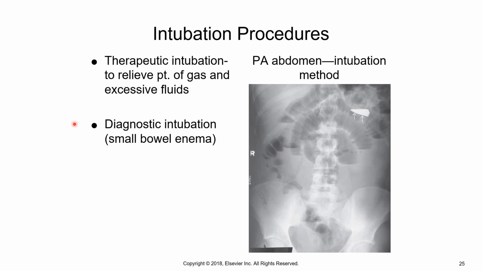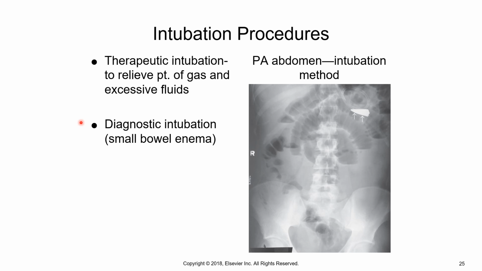The diagnostic intubation, however, is typically called a small bowel enema, and they place that catheter in the patient's nose, down the pharynx, through the esophagus, through the stomach, into the jejunum. Then typically they use water-soluble iodinated contrast, inject it through that tube, and take radiographs at timed intervals, similar to a small bowel study.